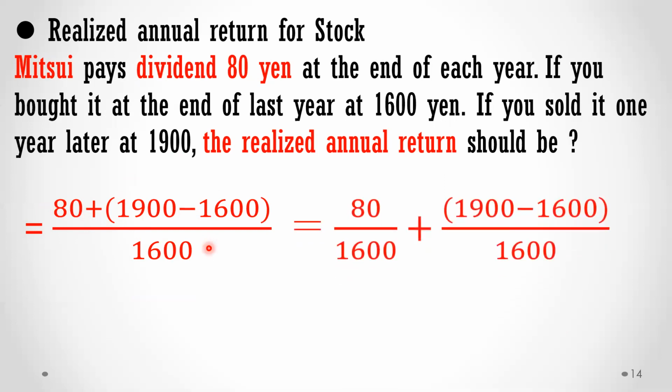So your annualized return is 24%. And if we decompose the 24%, we can see that 5% comes from dividend yield, and capital gain is 18%.